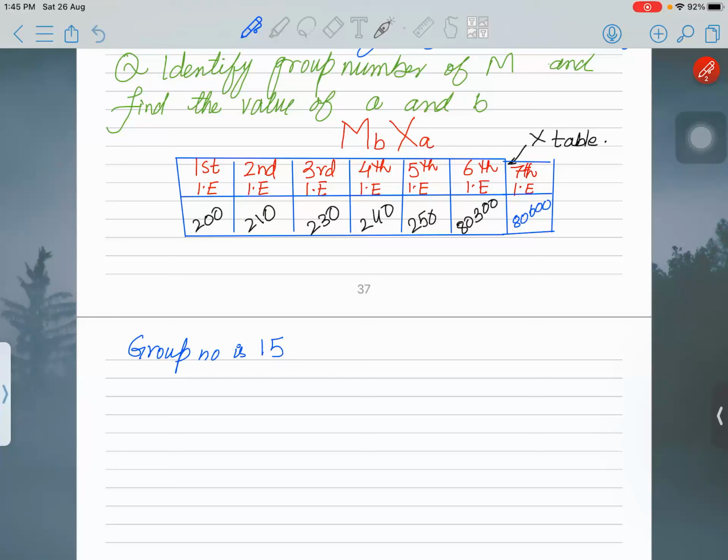Group number of X is 15, so it requires three electrons. So M is plus 3, X is minus 3.